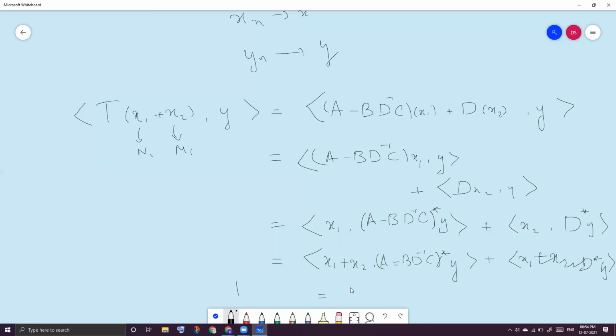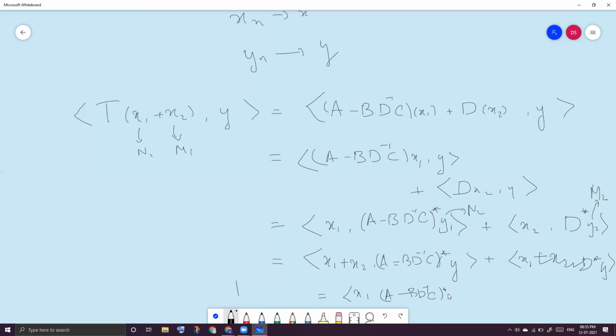So what we have is X times the sum of this one, A minus B D inverse C star. It should be Y1 here actually, and Y2 here, because A minus BD inverse C is a map from N1 to N2, and it only acts on Y1, which is in N2, and this one is in M2.